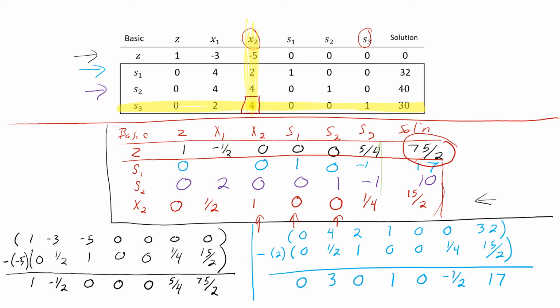So you look at the z value for your x1 and your s3. I accidentally erased a number here. The x1 value is -1/2. The s3 value is 5 over 4. That means our new entering variable is going to be x1.